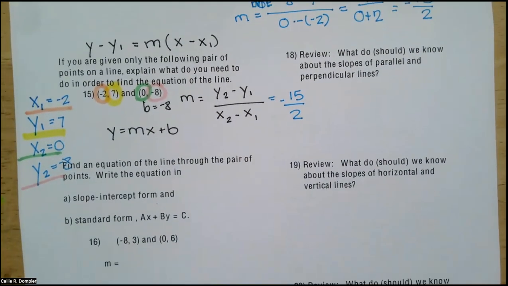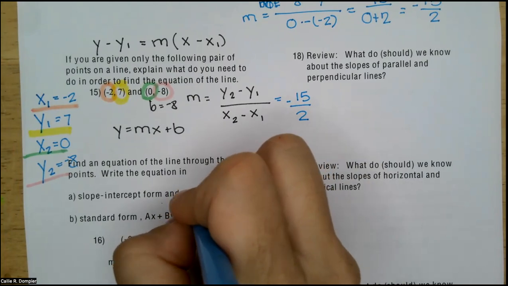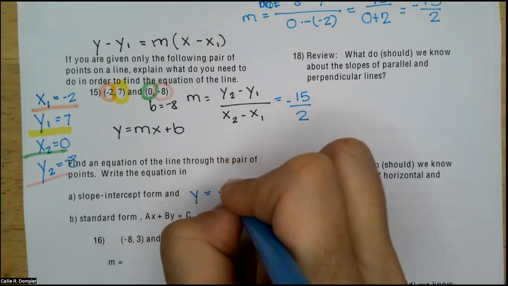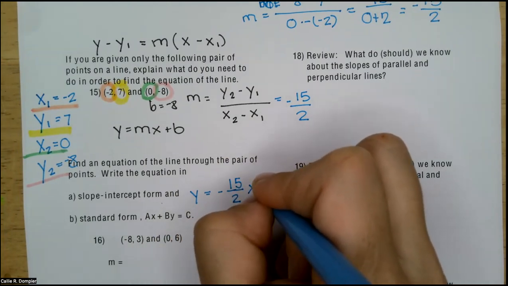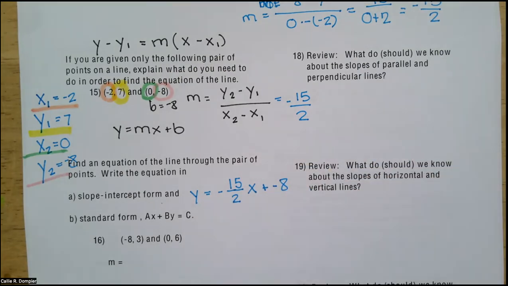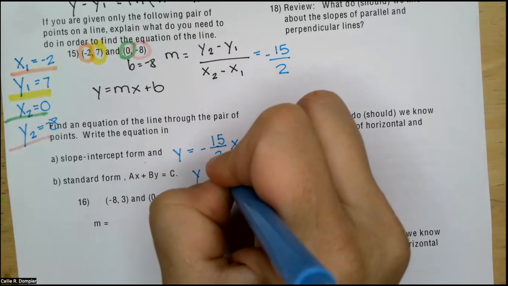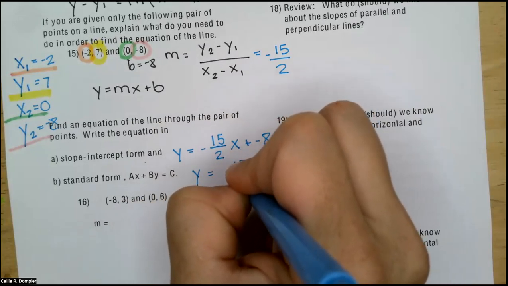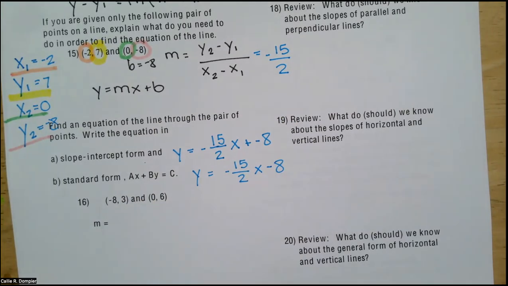Got it? Okay. Now in slope-intercept form, y equals -15 halves x plus b. b is -8. y equals -15 halves x minus 8 for my slope-intercept form.